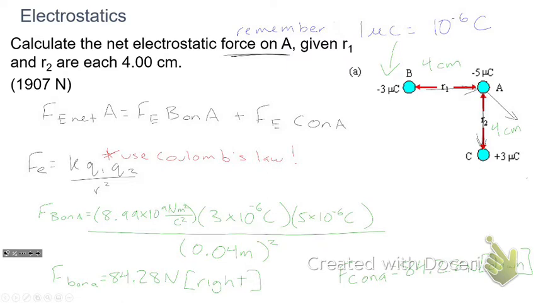That's 119.22. So F_E net on A is equal to 119 newtons.